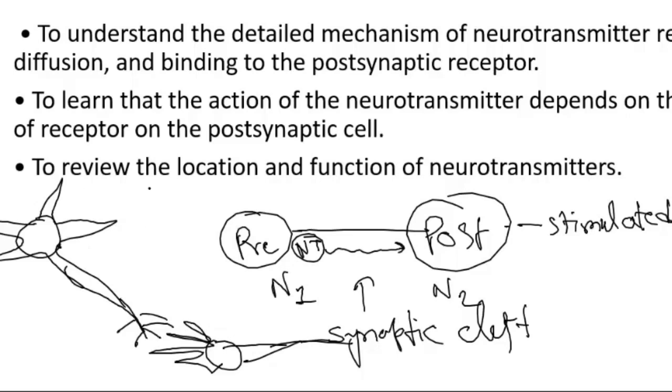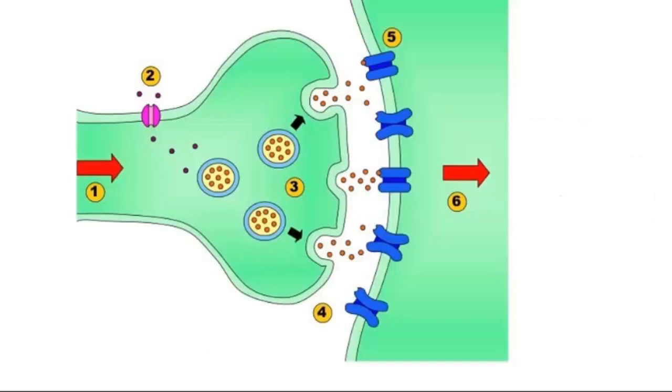Let's look at the structure of this neural junction and synaptic cleft, because all the process of interaction goes on in the synaptic cleft, and we'll also see how this whole process works sequentially. This is the overview of the process: the events of synaptic transmission.